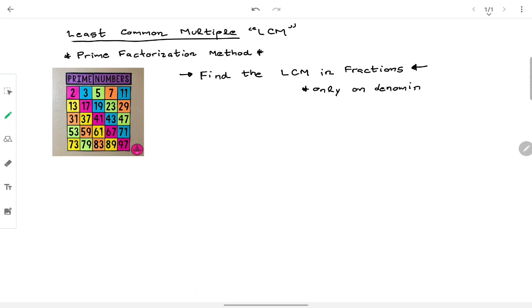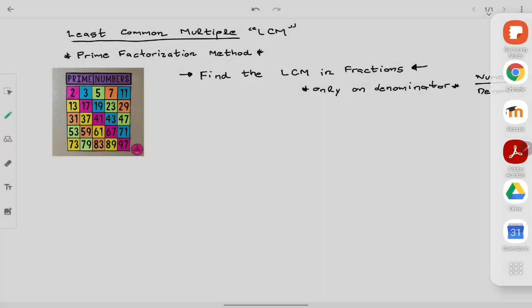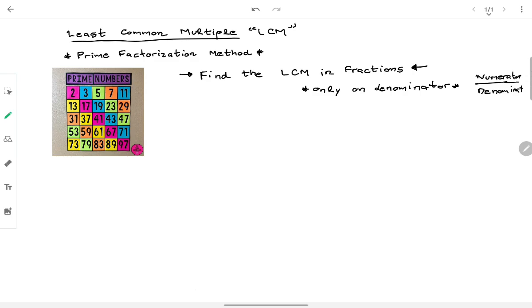Remember, denominator is the bottom part of a fraction, and the top part is numerator. So remember, we are only looking for denominator for LCM.